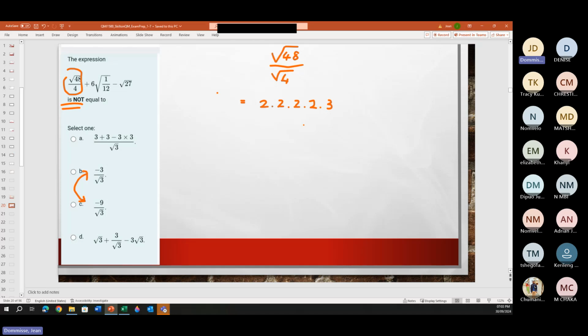I just quickly want to check if I didn't miss it. So 2 times 2 is 4, times 2 is 8, times 2 is 16, times 3 is 48. Okay, so if I do the same at the bottom, we get 2 times 2, which is 4.